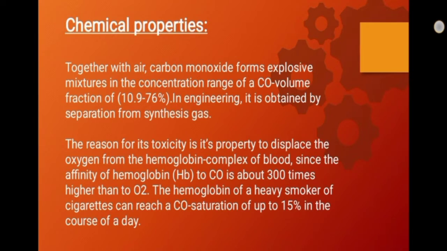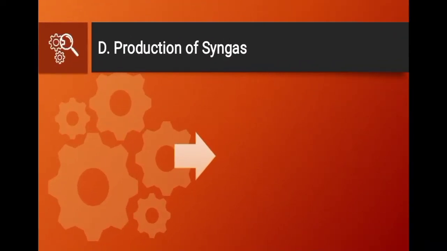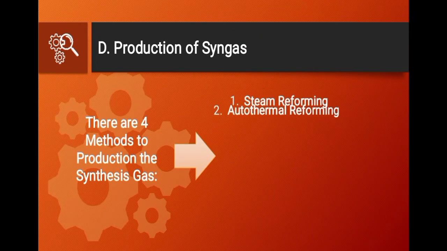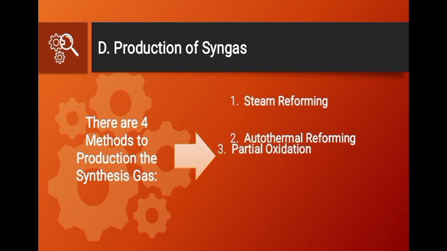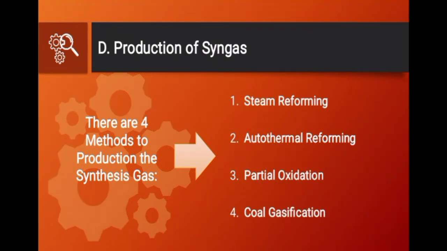And the next material will be explained by Muzadi. Okay, thank you, Tasya. Well, now we're going to show the production of synthetic gas. In this presentation, there are four methods to produce the synthetic gas.